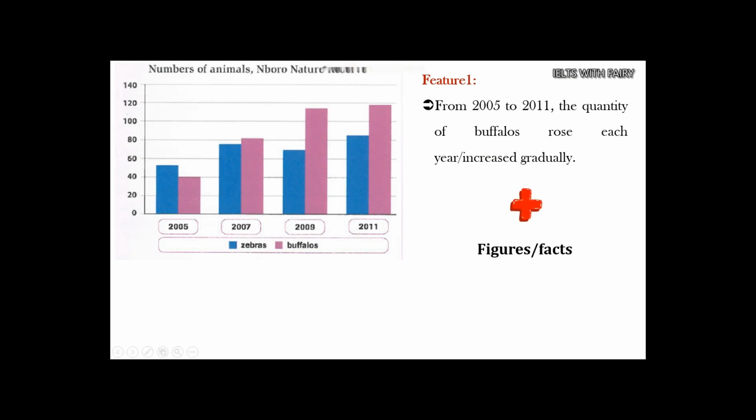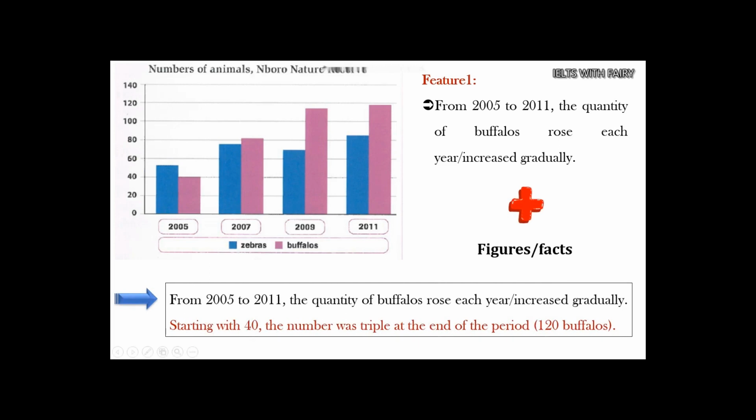Now I need to develop these key features by adding more figures or facts. Okay, this one is very general. So now I need to add some numbers. I need to quote statistics to develop my key features. So I will have, starting with 40 in 2005, the number was tripled at the end of the period. Tripled means 3 times.